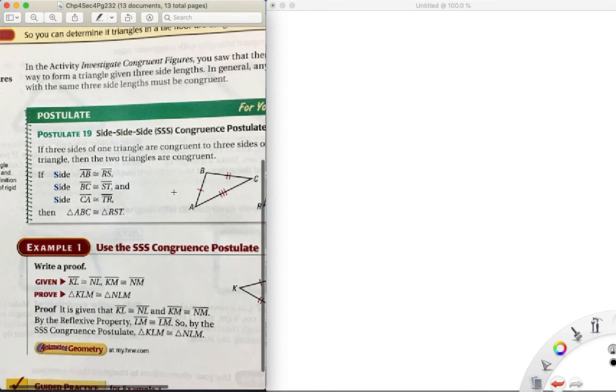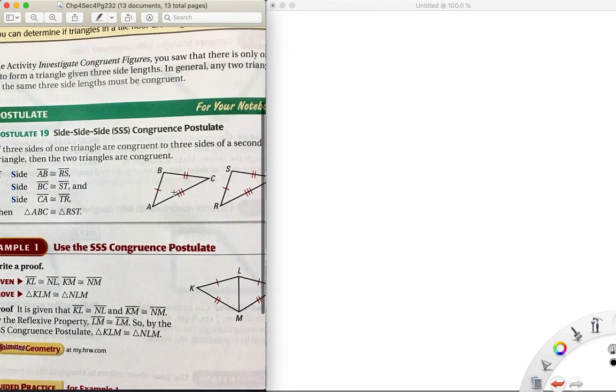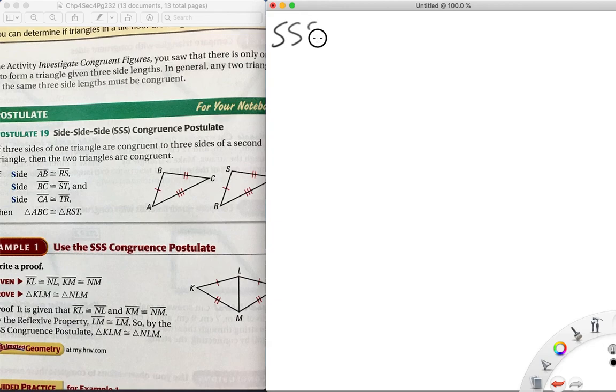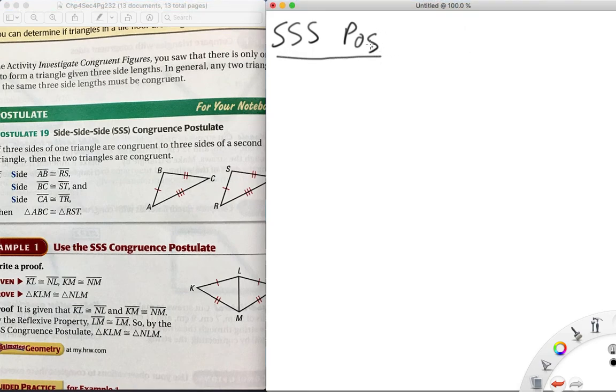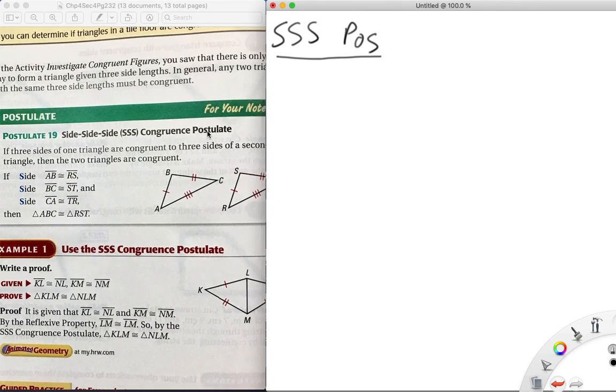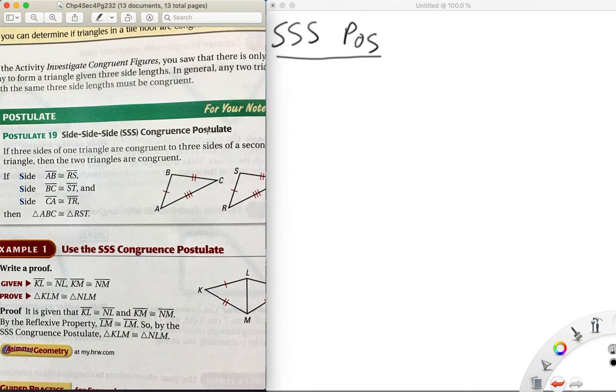And one of the postulates that we have is called side, side, side. So we go SSS postulate. What the side, side, side postulate says is that if three sides of one triangle are congruent to three sides of a second triangle, then those two triangles are congruent.